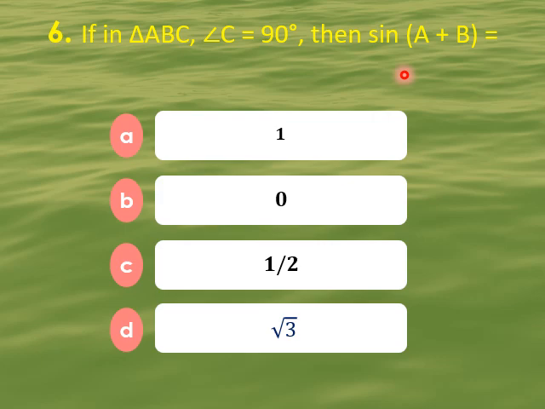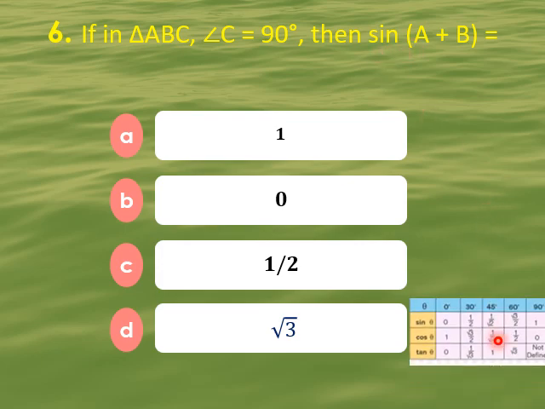That is angle A plus angle B plus angle C is equal to 180, out of which C is 90. So angle A plus angle B will be 180 minus 90, which is 90. So A plus B is 90 degrees. Sin 90 we know from the table is 1. The correct option is A.